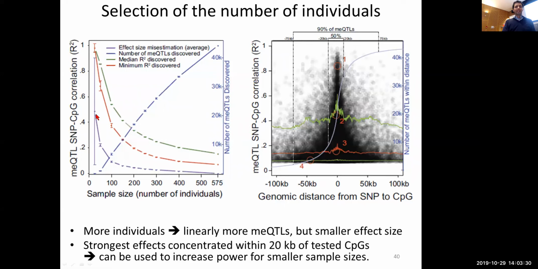So I can't really believe any of these methylation QTLs that I discovered with very, very few individuals. But as I go to 50 and 100 and 200 individuals, the average misestimation drops dramatically. With 100 individuals, I'm on average off by 0.1, which is not so bad. Everybody with me?